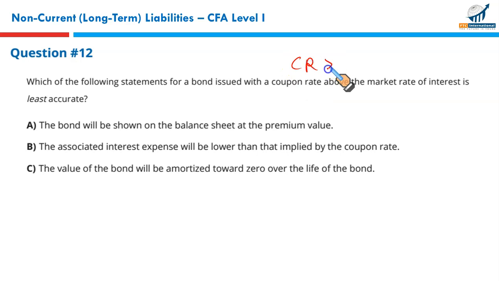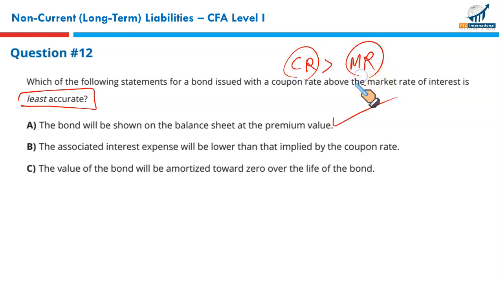When the coupon rate is greater than the market rate, it will sell at a premium. We know that. We just learned. So which of these is least accurate? Since your rate offered is more than the market rate, the bond will be shown on the balance sheet at a premium value. Correct. The associated interest expense will be lower than implied by the coupon rate. Interest expense is calculated on the market rate.